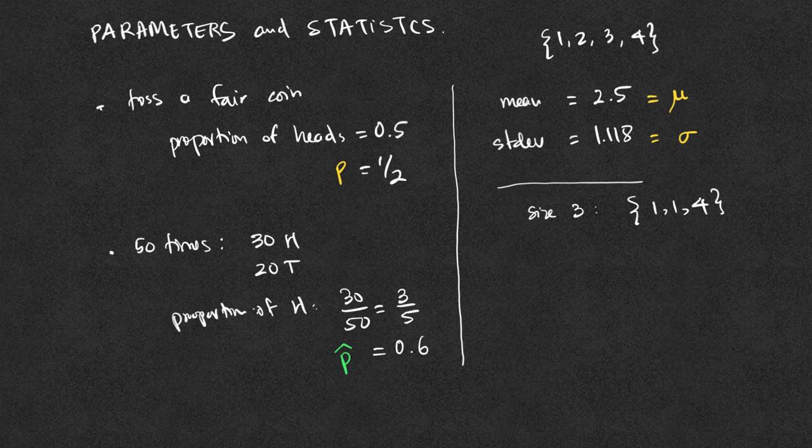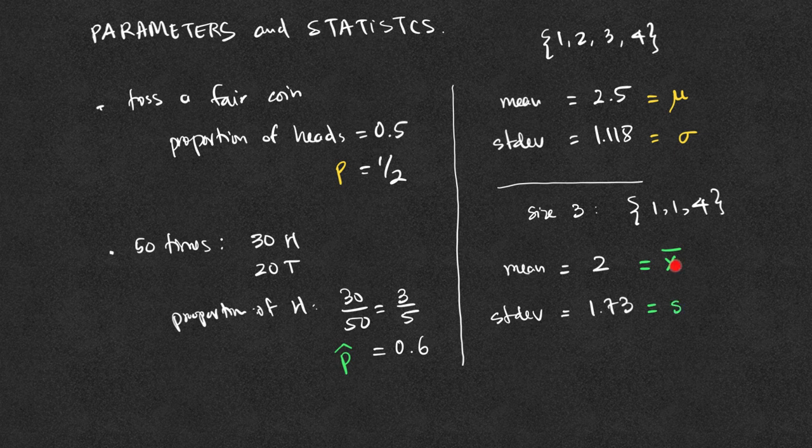And so this is a sample of size 3, and we compute the mean. The mean in this case for the sample 1, 1, 4 is 2. And if we compute the standard deviation of this sample, we get 1.73. To denote the mean for the sample, we use the symbol x bar, and to denote the standard deviation for the sample, we use the lowercase s.